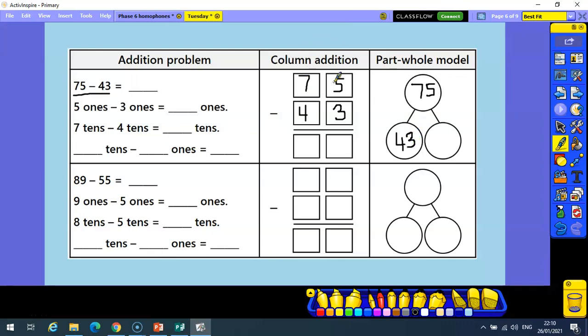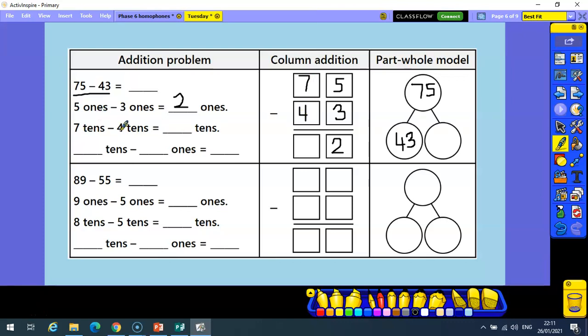Do I start in the tens column or the ones column with my takeaway, my subtraction? I'm going to start in the ones column, aren't I? So 5 ones take away 3 ones. I can see that in my ones column. 5 take away 3. On my fingers, 5 fingers, put down 3 is equal to 2. Then I'm going to go to my tens column. My tens column says, read it with me, 7 take away 4.